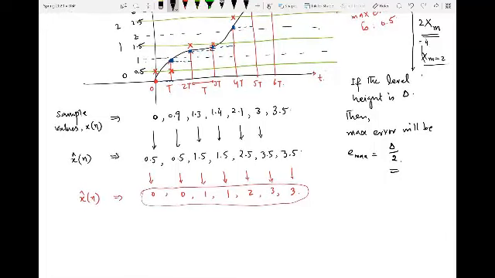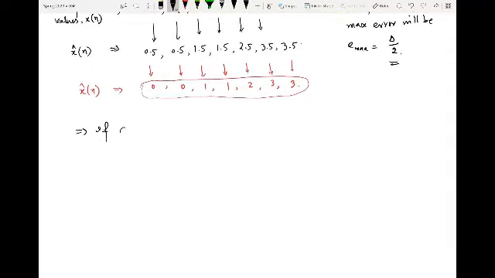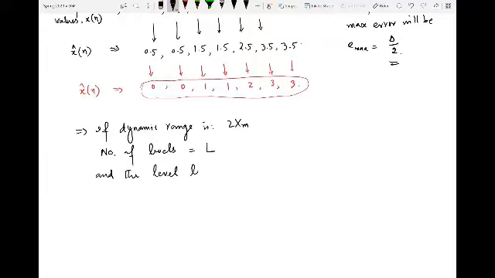If the dynamic range is 2 times xm, the number of levels is L, and the level height is delta, then we can write the equation L multiplied by delta equals 2 times xm.